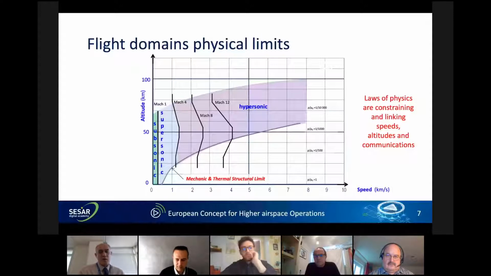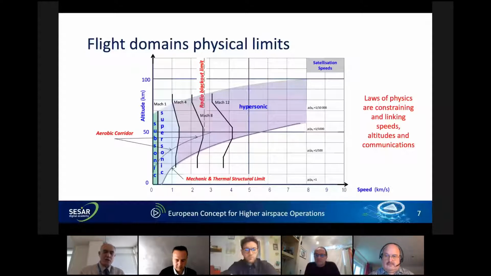So some considerations about the physical limits of the flight domains are important, because there are some laws of physics which are constraining and linking the speed, altitude, and communication. For example, there is a mechanical and thermal structural limit which does not allow any vehicle to survive the speed when you are too fast in the air density, because you melt.